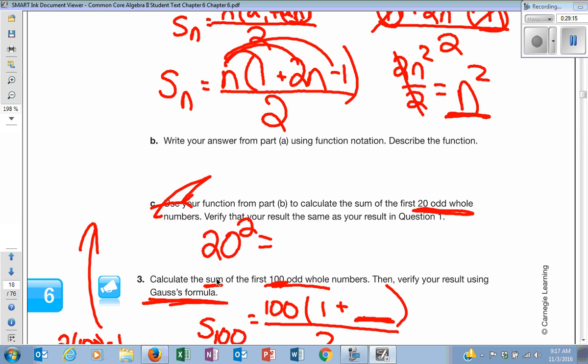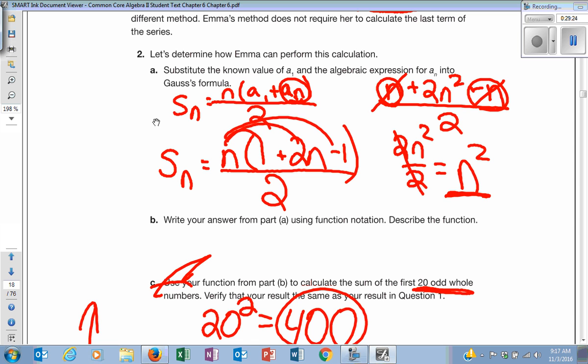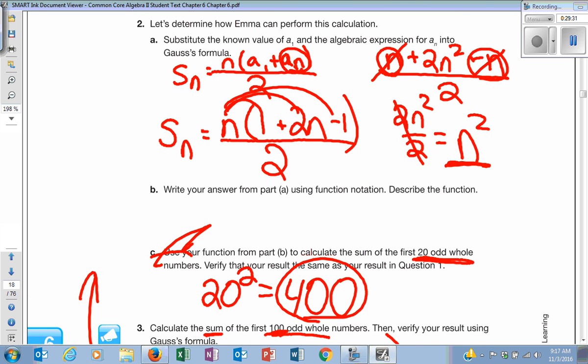And when I square 20, it gets me to 400. So it's just giving you another way of using Gauss's formula. Instead of having to keep plugging in and simplifying every time, you can simplify Gauss's formula by plugging in the an, and then you have this much simpler formula to use.